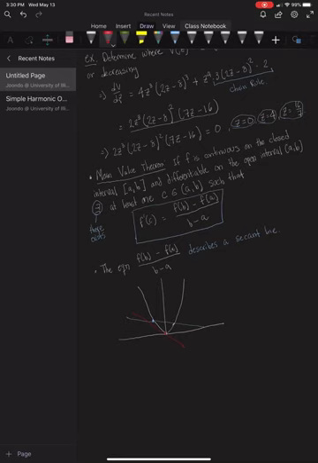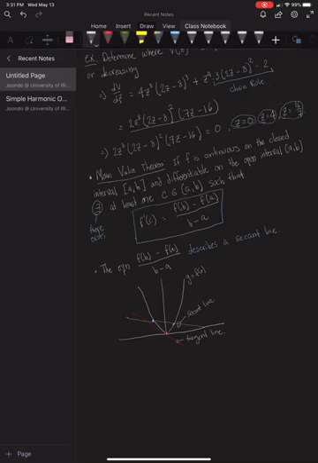So this here is the secant line, right? This one is y equals f of x, and this is the tangent line. So, how can you go from the equation of a secant line to a tangent line?